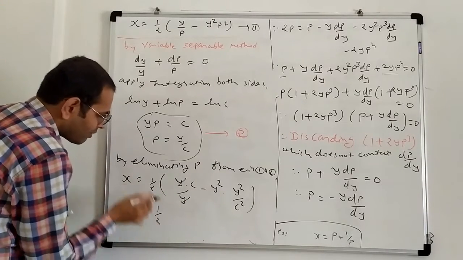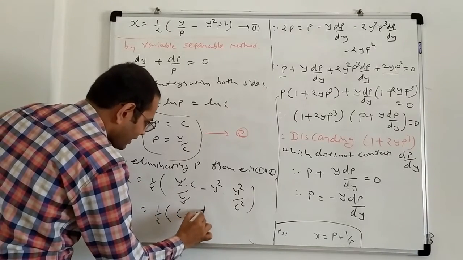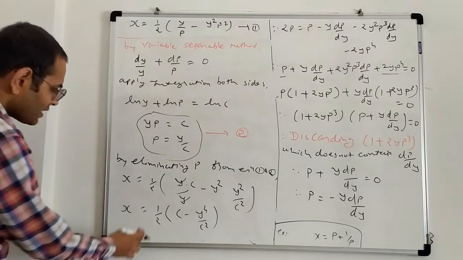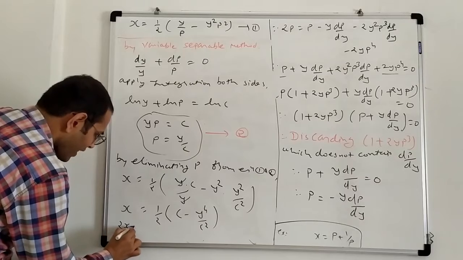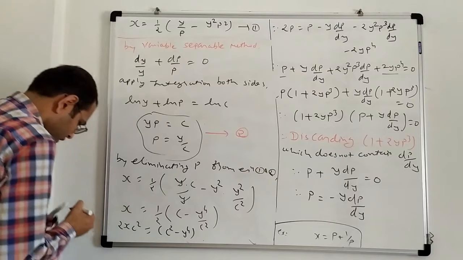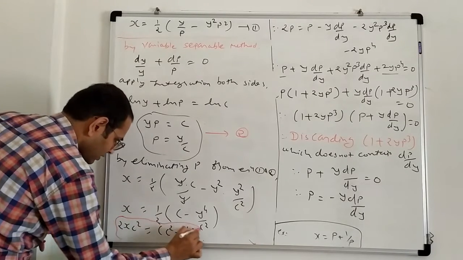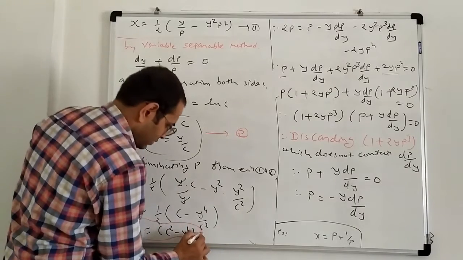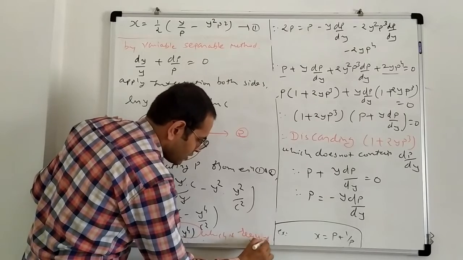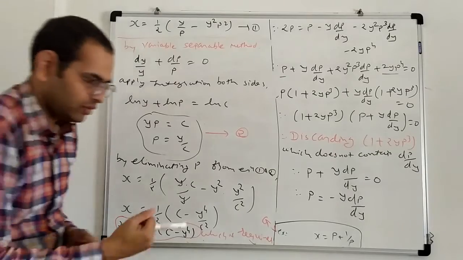Then x equal to 1 by 2, c minus y raised to 4 by c square, taking LCM. Then 2x c square equal to c square minus y raised to 4, which is the required general solution.